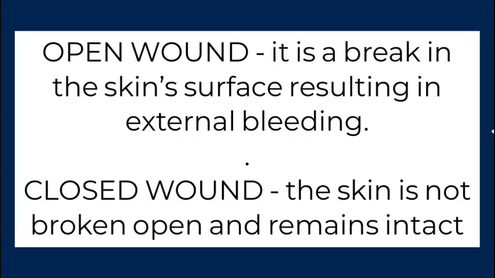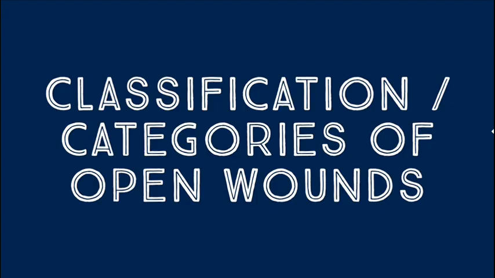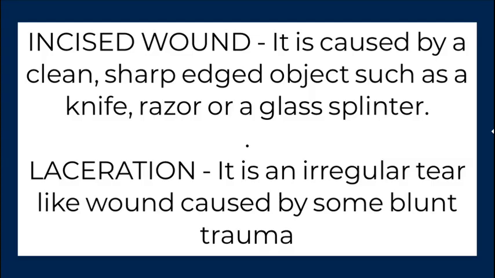1. Open wound. It is a break in the skin's surface resulting in external bleeding. 2. Closed wound. The skin is not broken open and remains intact. Classification or categories of open wounds. 1. Incise wound.